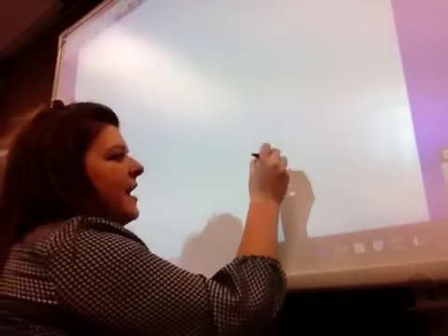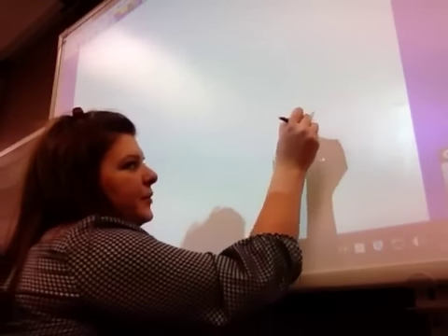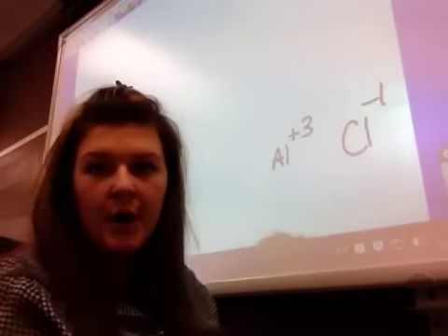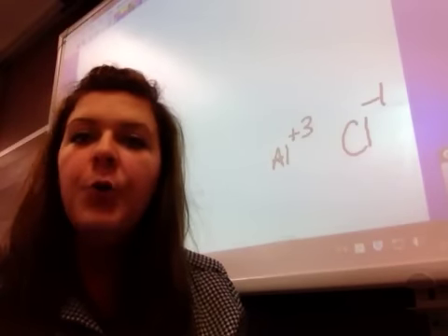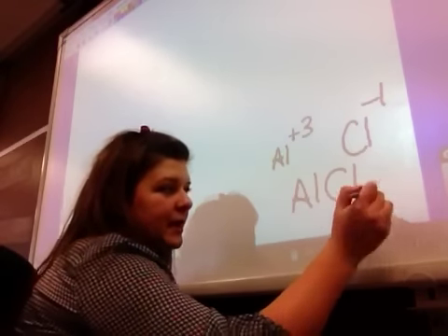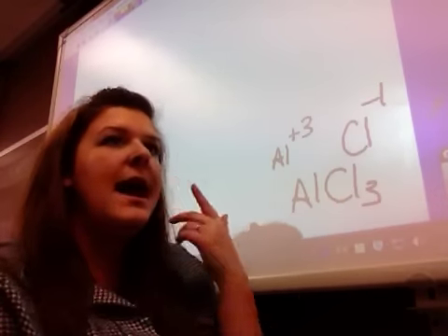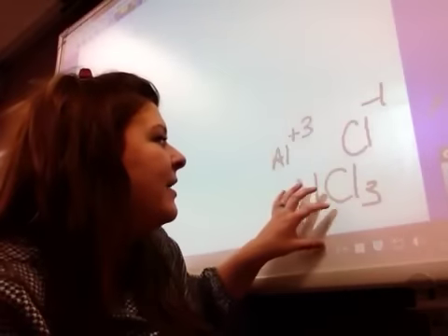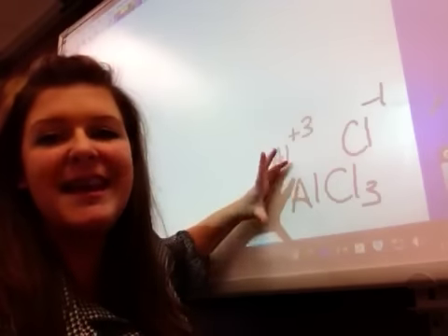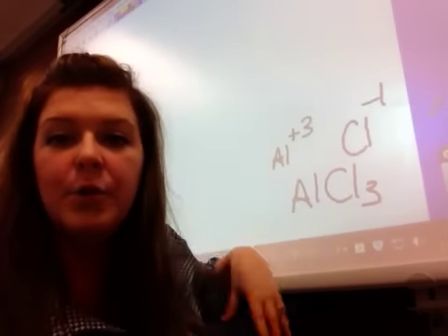So if I have Al with a +3 charge, and Cl with a -1 charge, the formula for aluminum chloride will always be AlCl3. It doesn't matter how many of each atom I have, I'm always going to get AlCl3 for aluminum chloride.